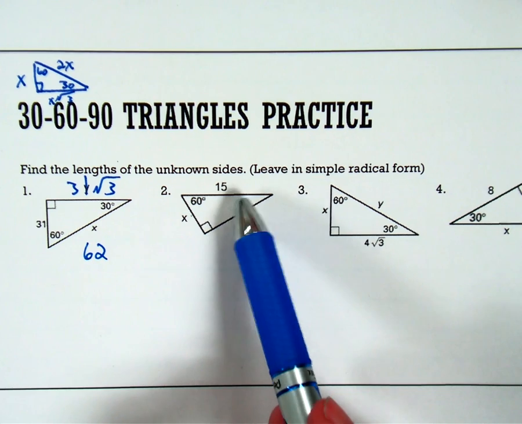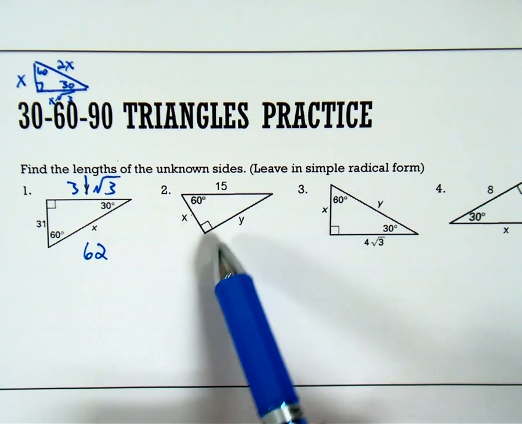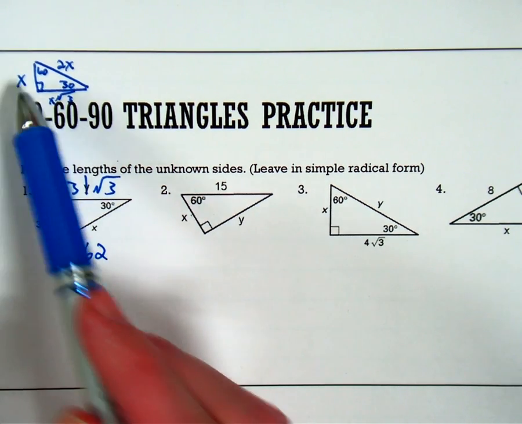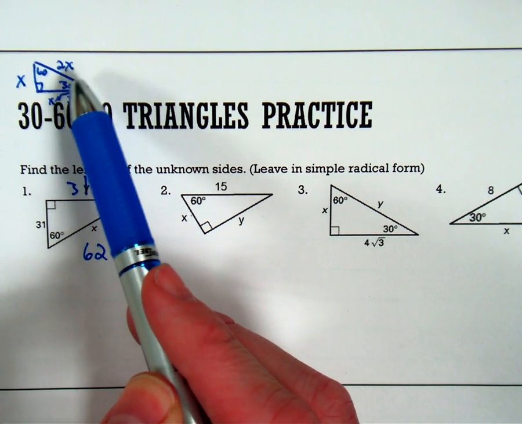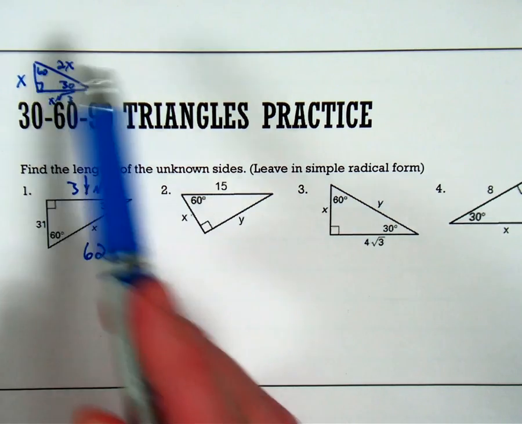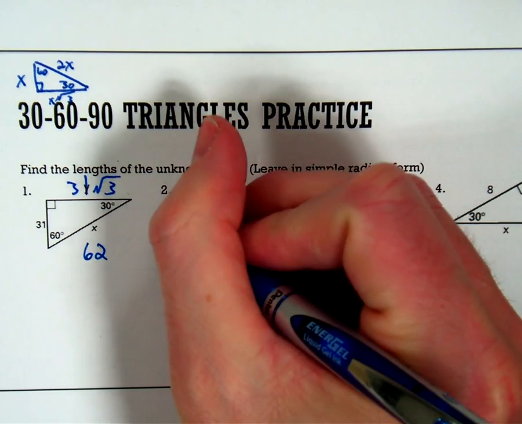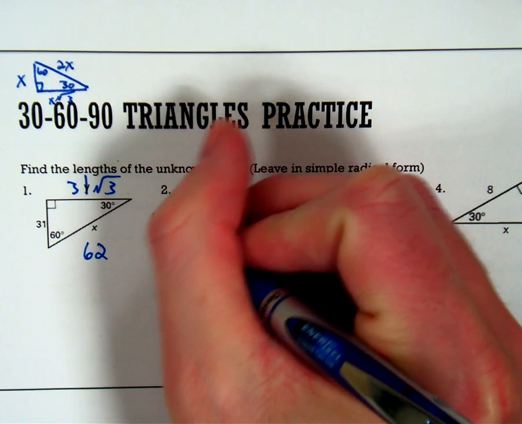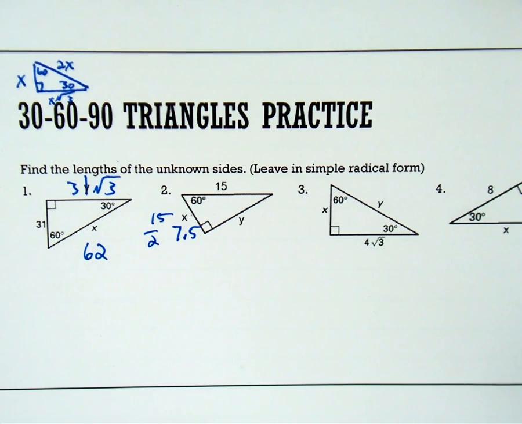They tried to give us a little bit more difficult one here. They started us with 15. Which side are we on? We're on the hypotenuse, the 2x side. So how do I get from here down to the short leg? We're going to divide that by 2, cut it in half. If you want to write it as 15 over 2 or 7.5, I don't care, whichever is more comfortable for you.